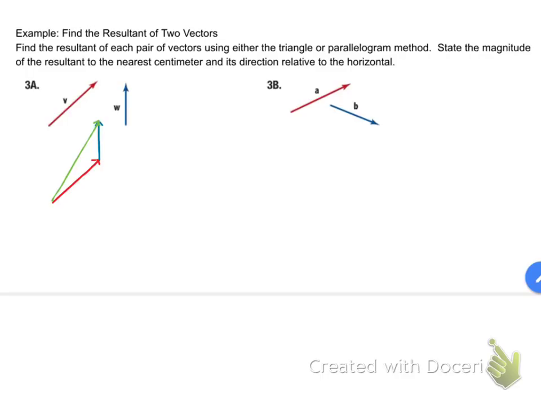So I'm going to pause it so we can make some measurements here. Okay, so when I would take my parts and put them together, I would be going 1.5 over and then 0.8 up. It forms a triangle. Eventually we're going to learn the law of sines and law of cosines.